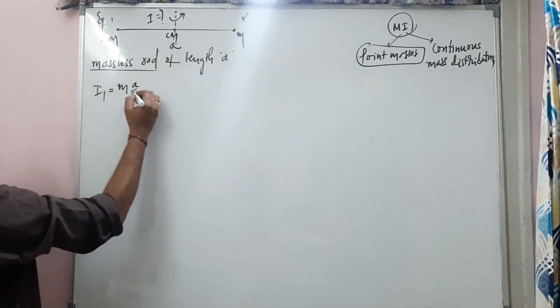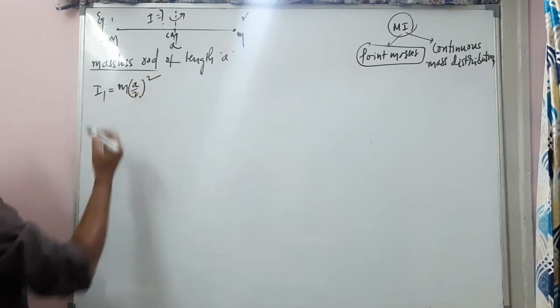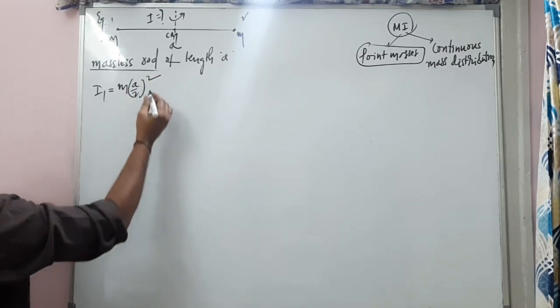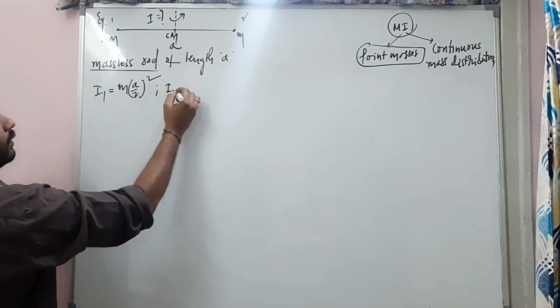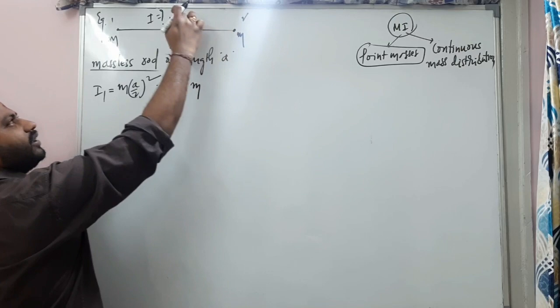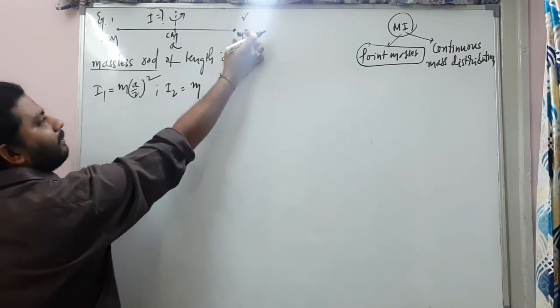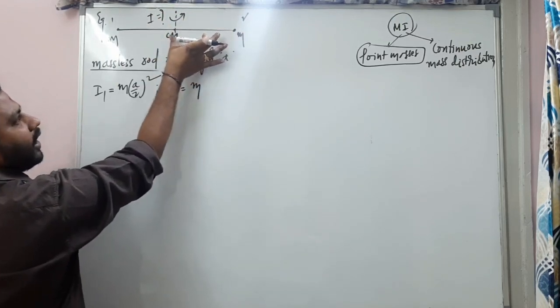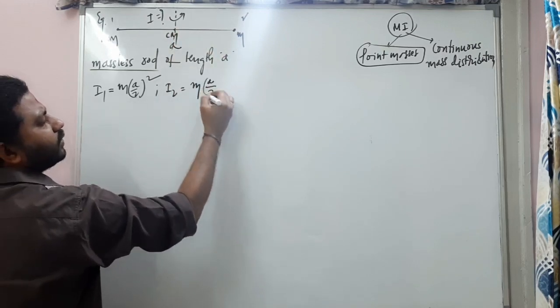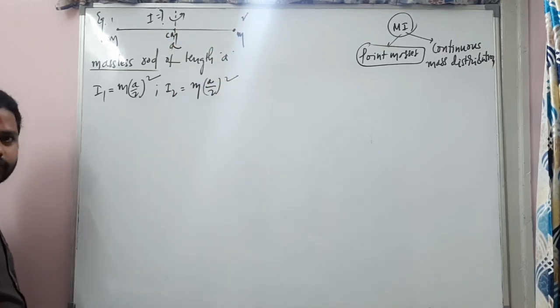So that's M into A by 2 whole square. In the same way, for the second one, M into the square of the perpendicular distance from axis of rotation. It's A by 2 whole square.